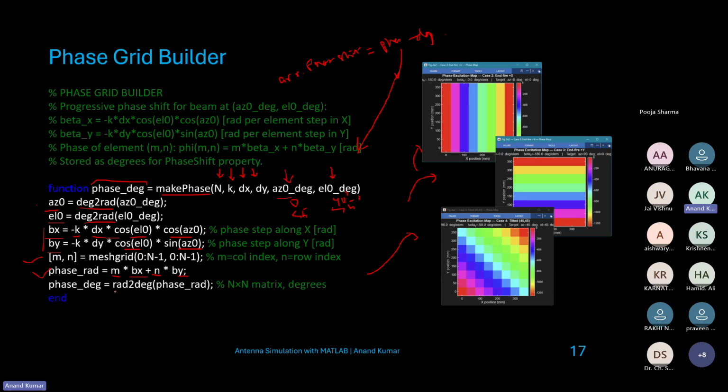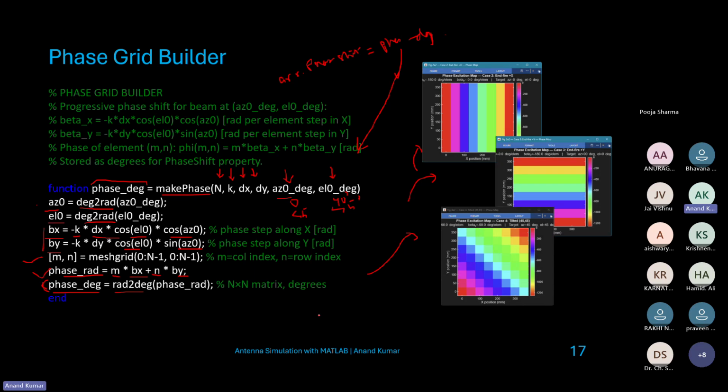Then we use a radian to degrees function to get the phase in degrees as well. We'll use the phase in degrees just for plotting, and we'll use the phase in radians to excite the antenna, because the array and most functions in MATLAB use radians while solving.